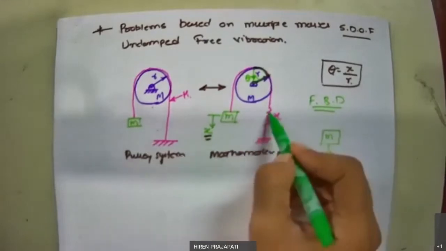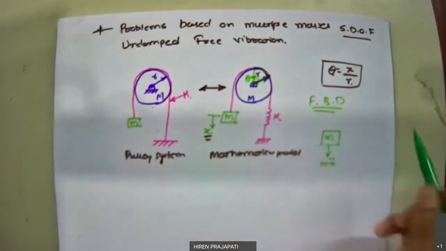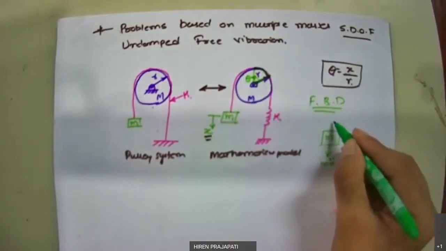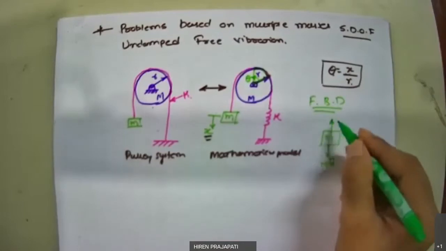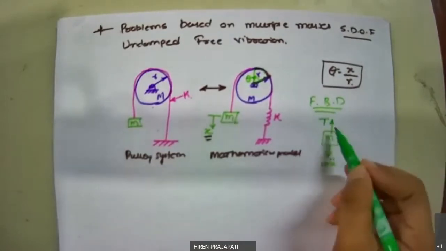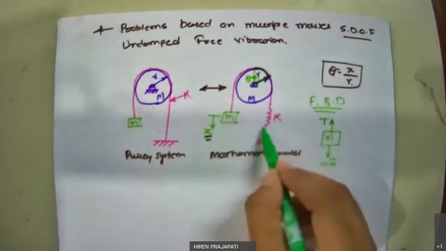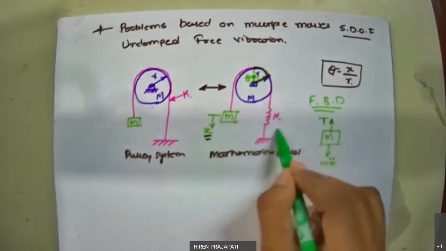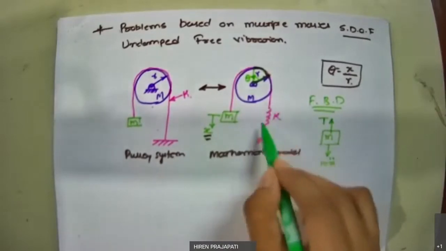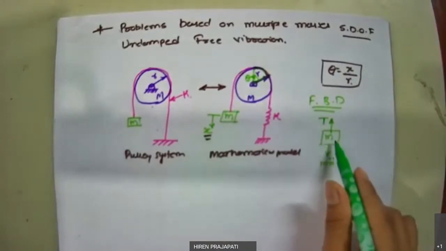But this thread has a spring element, a stiffness element, which will not allow this deflection. So this will produce an opposite tension. Let me call this T, the opposite force given by this thread, this stiffness element. This is the free body diagram of the small mass m.